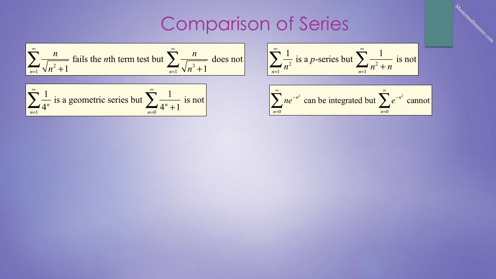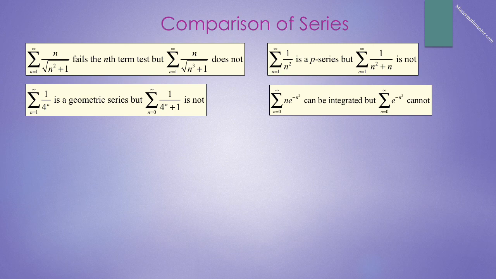Summation n equals 1 to infinity of 1 over n squared is a p-series, but summation n equals 1 to infinity of 1 over n squared plus n is not. Summation n equals 0 to infinity of 1 over 4 to the n power is a geometric series, but summation n equals 0 to infinity of 1 over 4 to the n plus 1 is not.